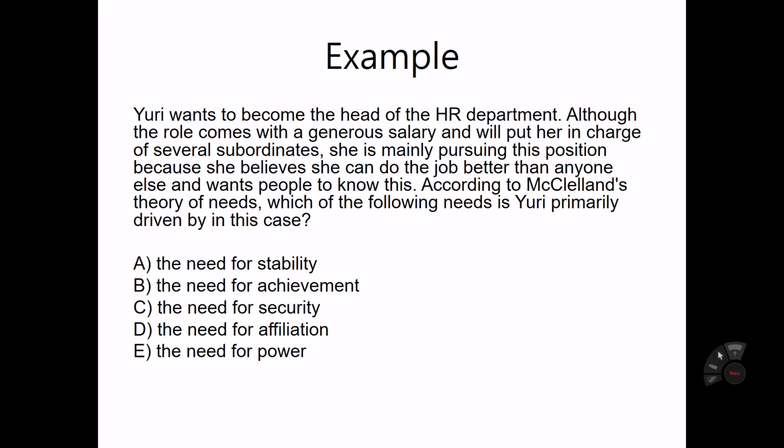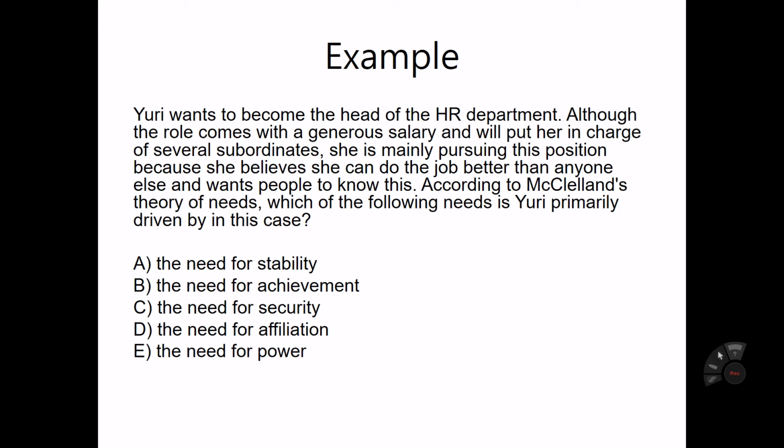Let's try another question. Yuri wants to become the head of the HR department, although the role comes with a generous salary and will put her in charge of several subordinates. She is mainly pursuing this position because she believes she can do the job better than anyone else and wants people to know this. According to McClelland's theory of needs, which need is Yuri primarily driven by in this case?